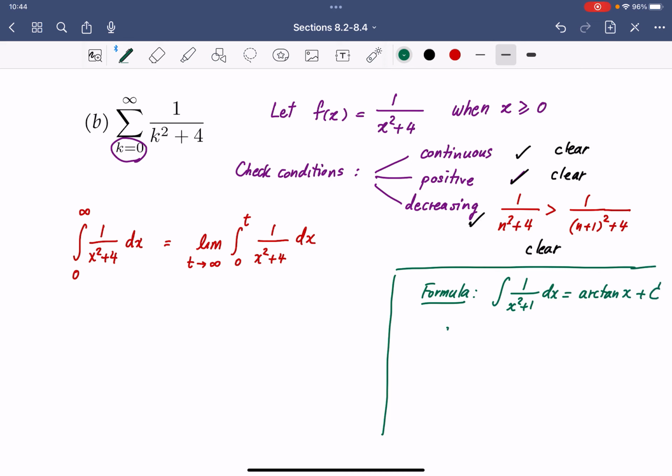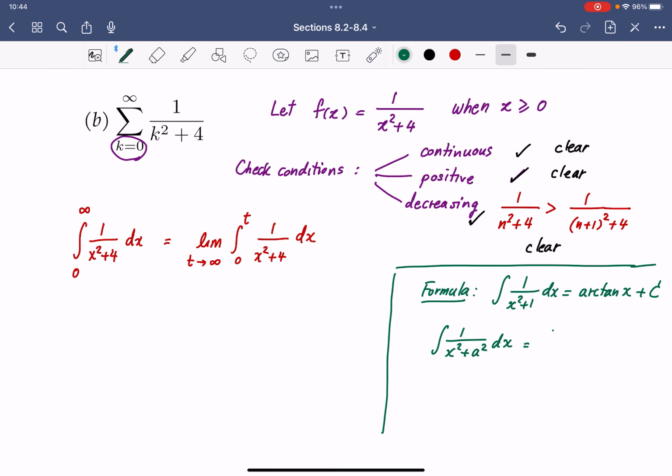But if you integrate 1 over x squared plus a squared dx, where you have something more than just 1, the constant a squared, the formula is 1 over a times arctan of x over a, plus c.